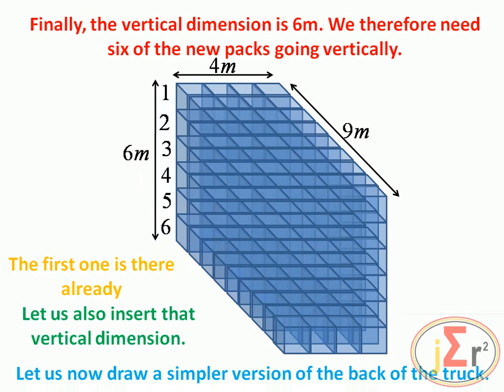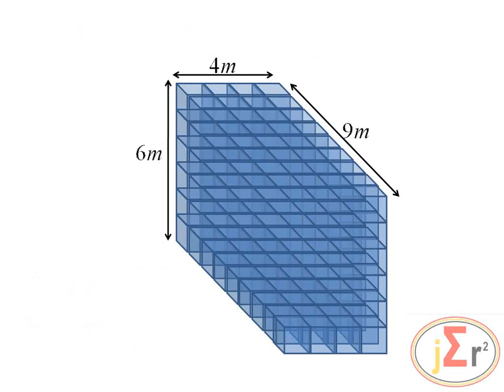Let us now draw a simpler version of the back of the truck. We will use the arrangement that we have there, created by the cubes of edge 1 meter, to draw a version of the back of the truck that is more true to life than the one that we had there.